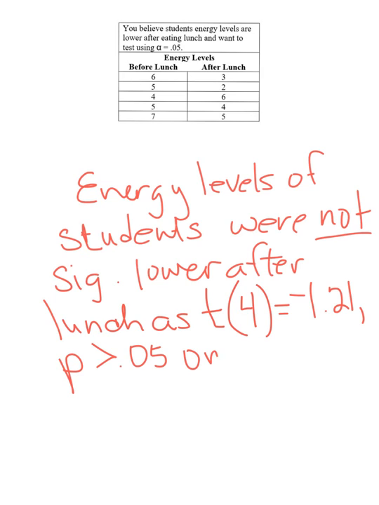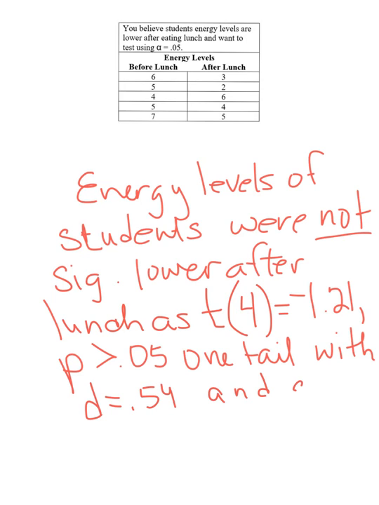So 1 tail with, and we're going to put our Cohen's d, and we'll go back really at 0.54, and a 95%, because we're at 0.05, so remember that's 5%, the rest is in the middle, and we're going to put our lower and our upper boundary in.